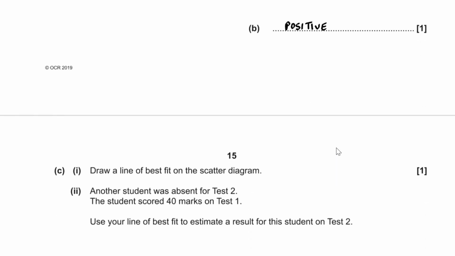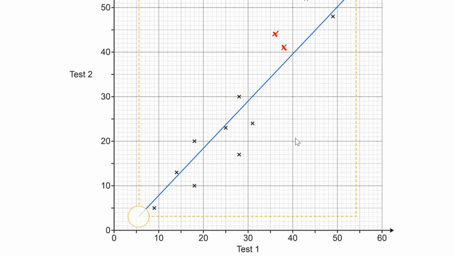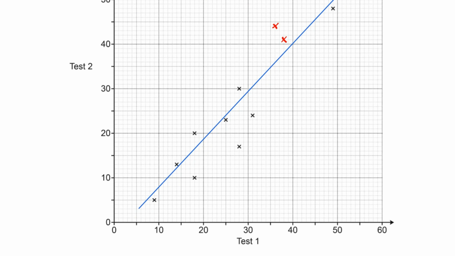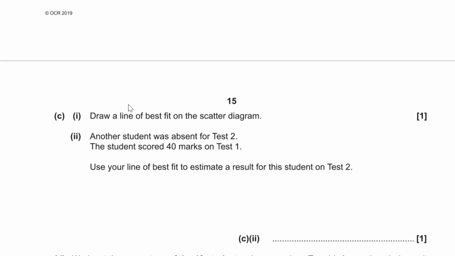Well, if you got 40 on test 1, what we can do is draw a line vertically up from 40, as we see here, and then we draw a horizontal line going across. So therefore what you can see then is we've got a test mark 2 of 40.